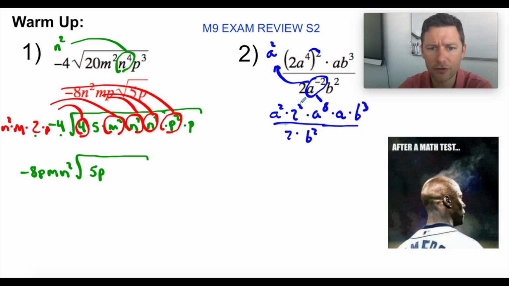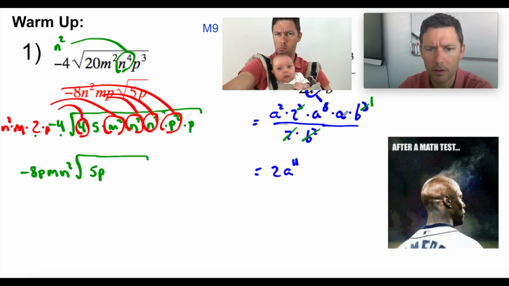I left this as 2 squared because now it's pretty easy to see that this will cancel out with one of these. These b's will cancel out with these, and you'll be left with one of those. And then you have a whole bunch of a's. So what we have left over is a single 2, 10, 11 a's, and 1 single b. See what you did there?